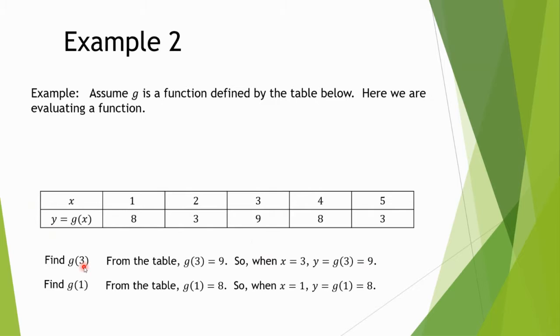Well, how do we get that? For g of 3, I'm telling you that x is 3, right? So we go to 3 for x. Then we get the y value, which is 9. When x is 3, y, which is g of 3, is 9.